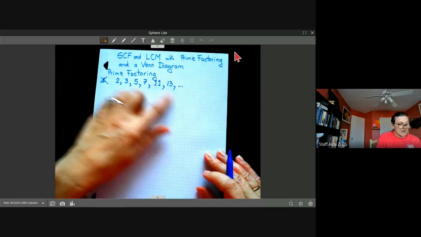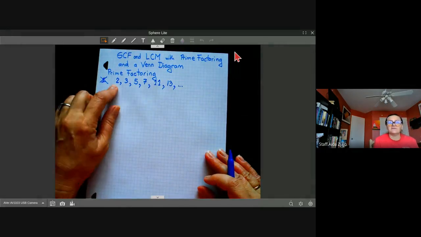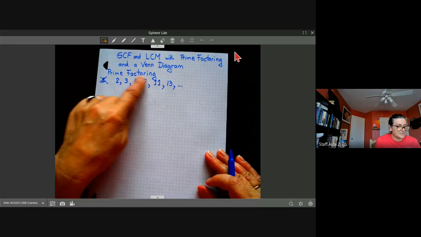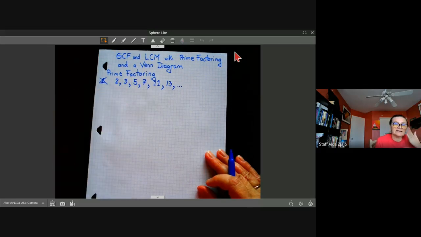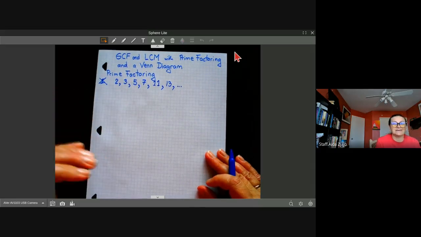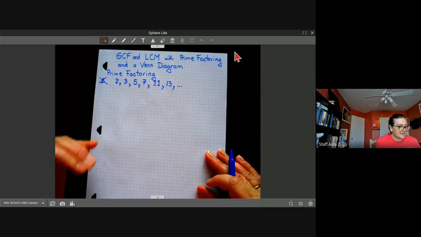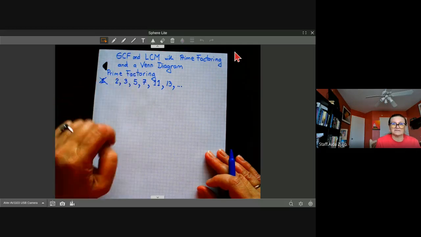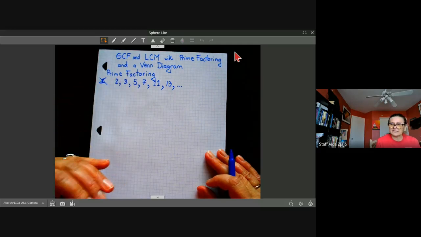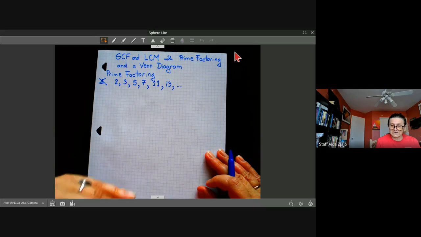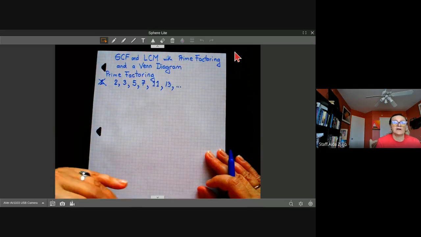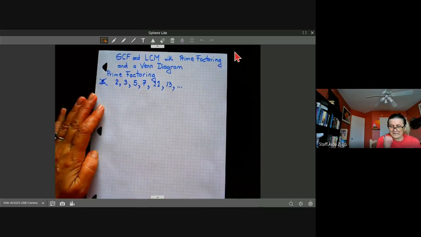So we need to know that if I do prime factorization, I need to decompose any number into different prime factors. I keep decomposing until I'm done and I don't have any more composite numbers.